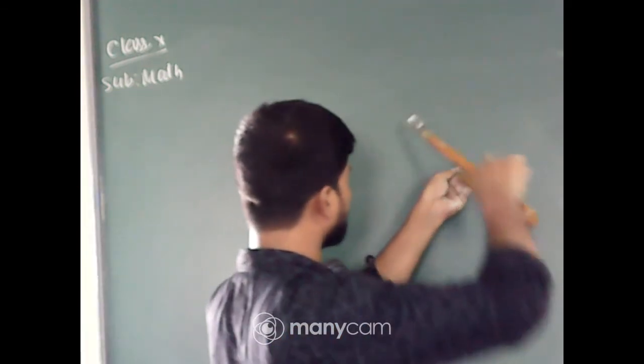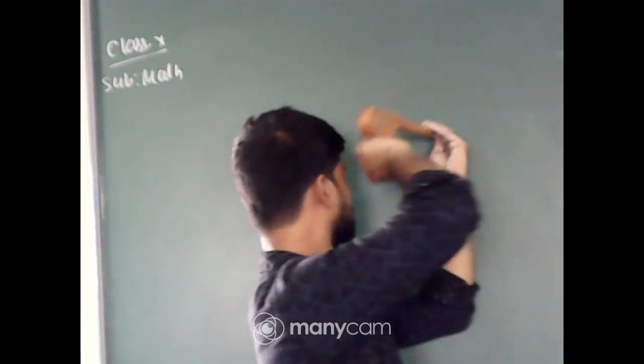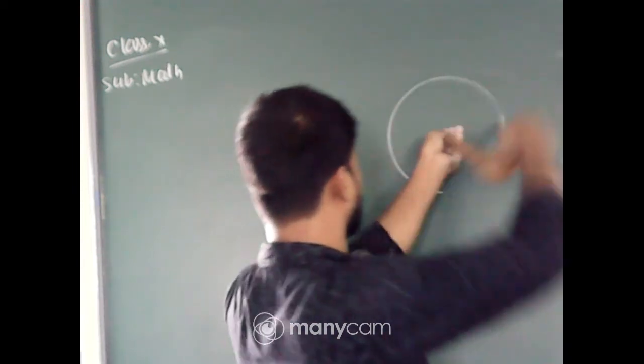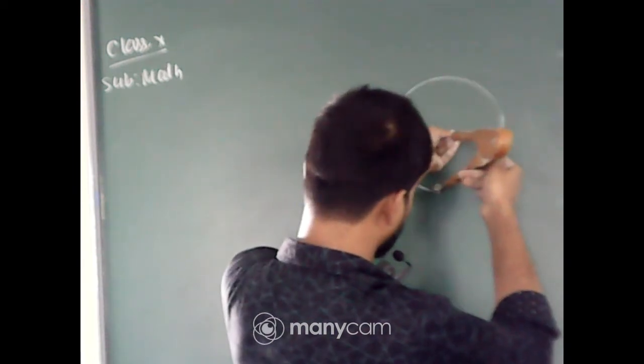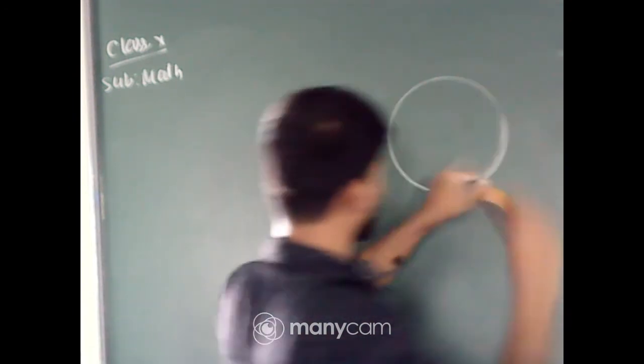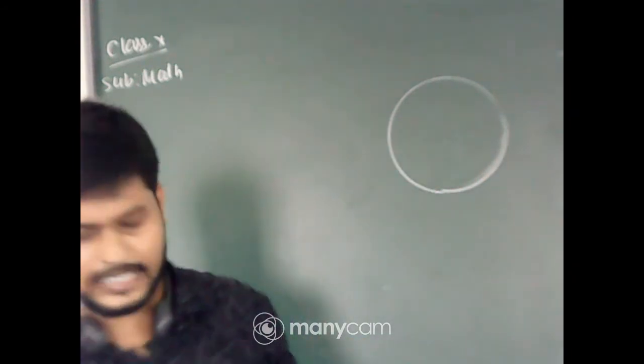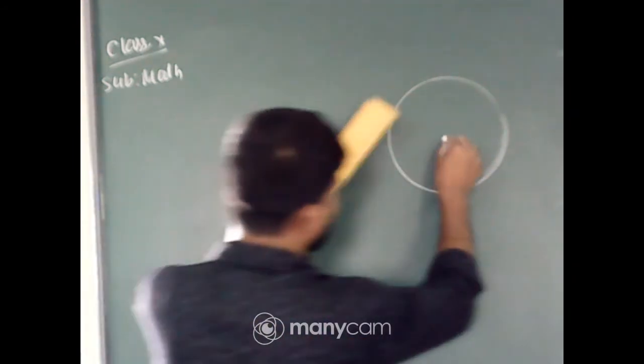Okay, so let's draw a circle. Let the radius of the circle be 6 centimeter. This is the center.